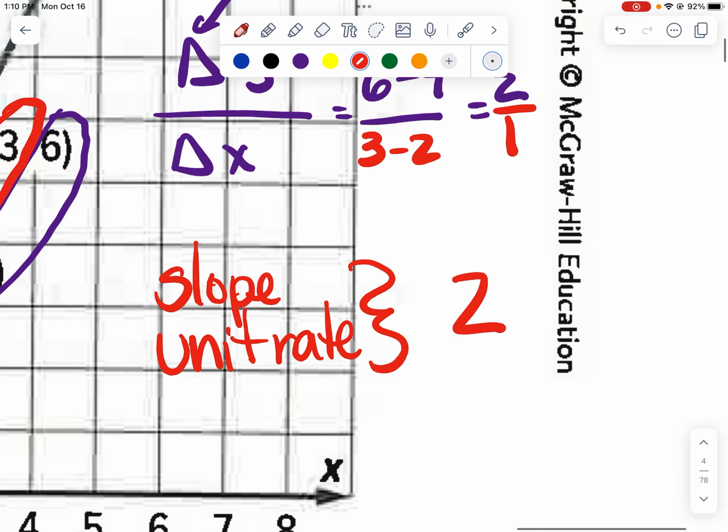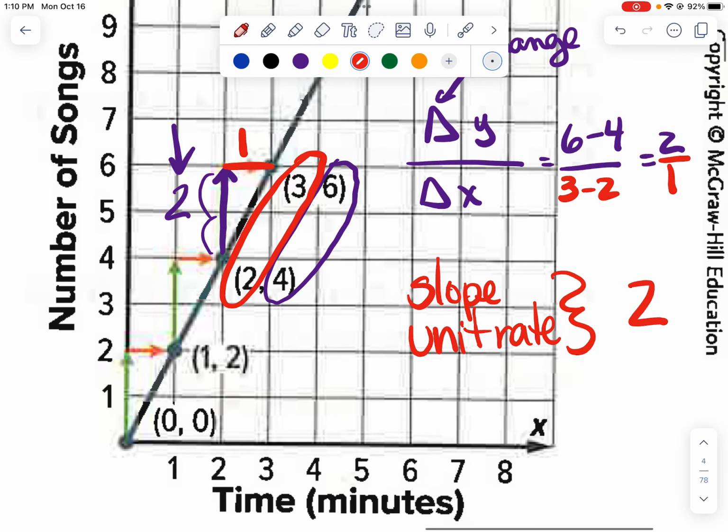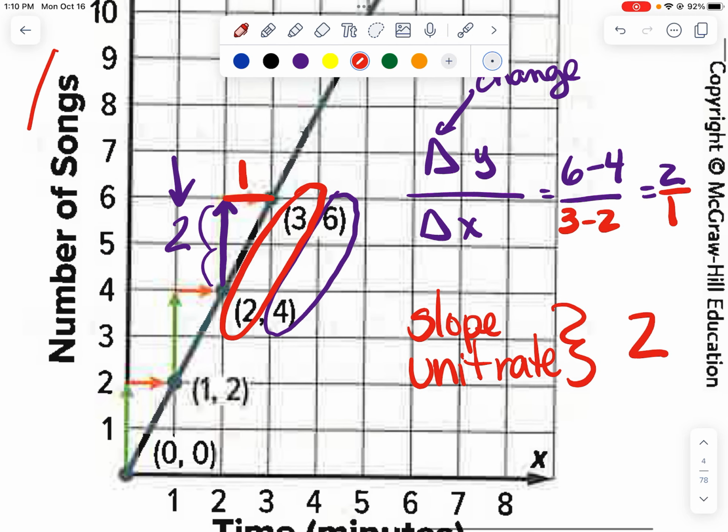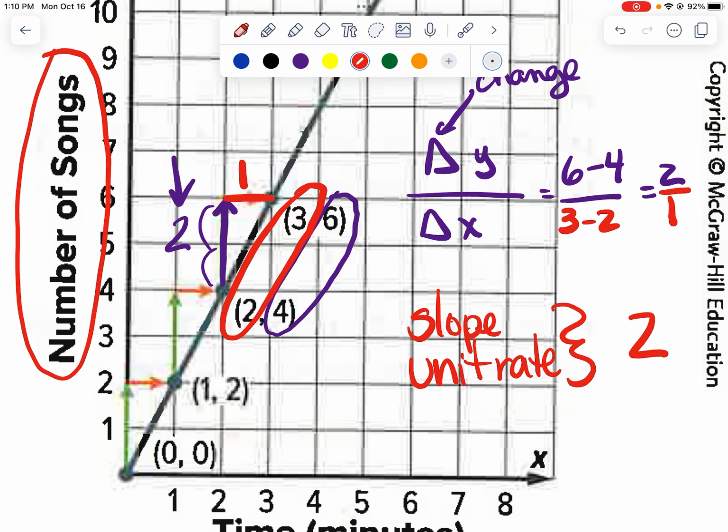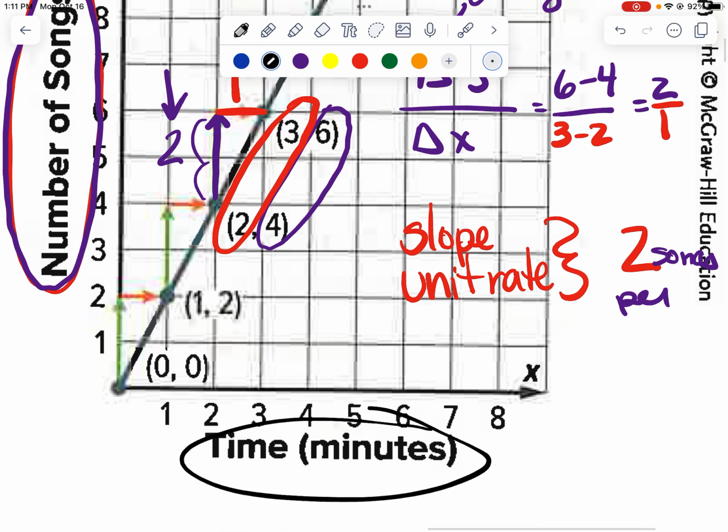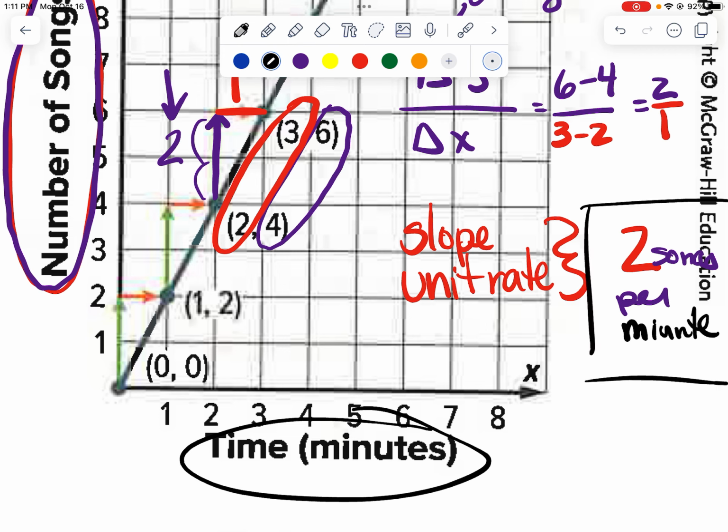We can't just have a random number because this has information over here. The change in y is talking about the number of songs. So that means 2 songs per. And then I look down here, it says minute, per minute. Okay, so if I'm interpreting my slope, I would say 2 songs per minute.